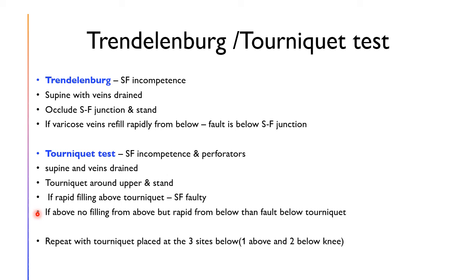If there's no filling from above, but rapid filling of the varicose veins from below, the fault is then below the tourniquet. It can be either in the popliteal vein, popliteal saphenous vein, or it can be at the deep perforators. This test is repeated with the tourniquet placed at 3 sites, 1 above and 2 below the knee, to localize the site of the deep perforators that are incompetent.